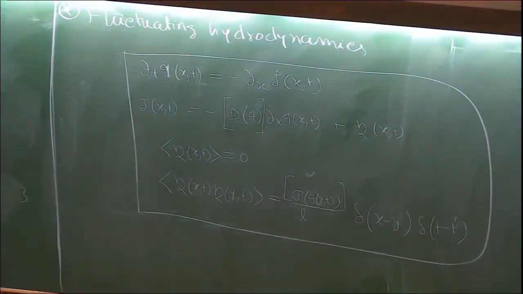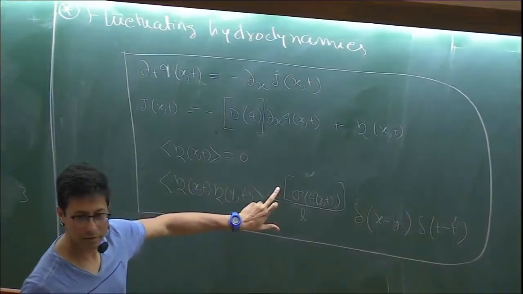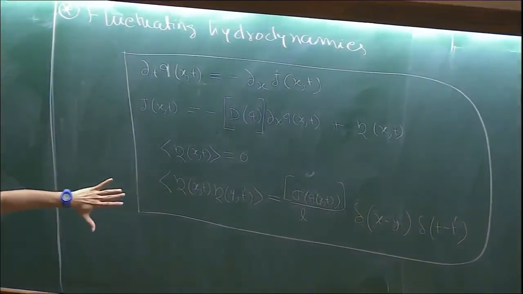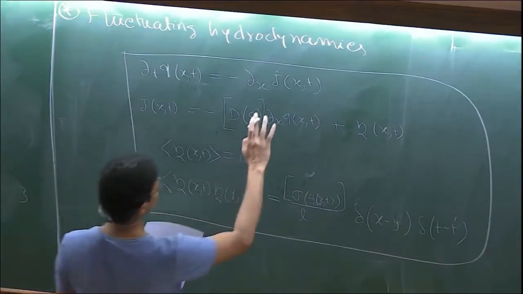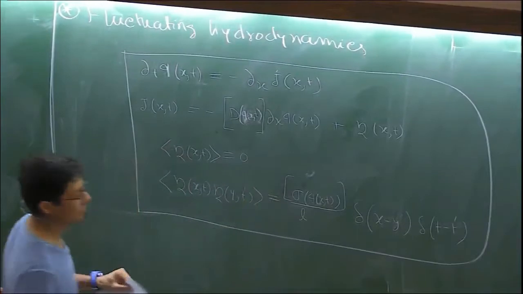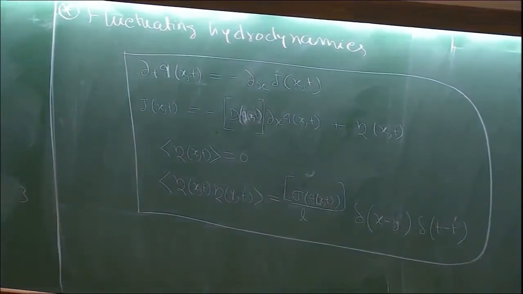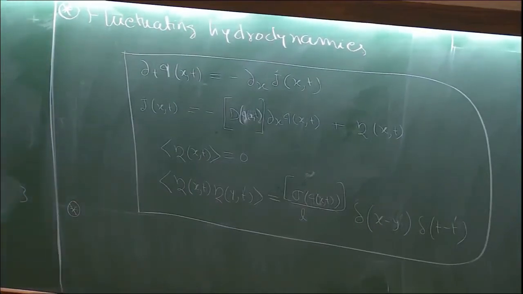If I have a microscopic model, I only have to determine these two transport coefficients. And from there onwards, I start from here, and then I try to calculate all the statistical properties of this fluctuating field. It is sigma of rho, x, t. So this is the multiplicative term.